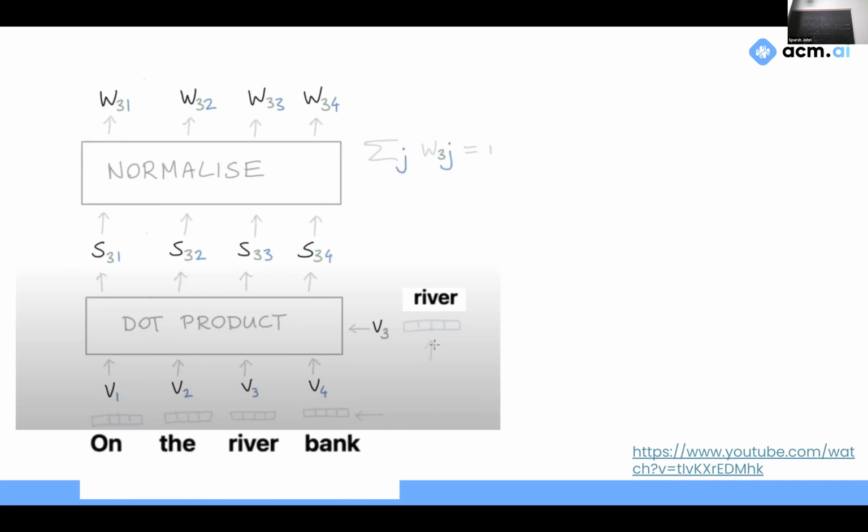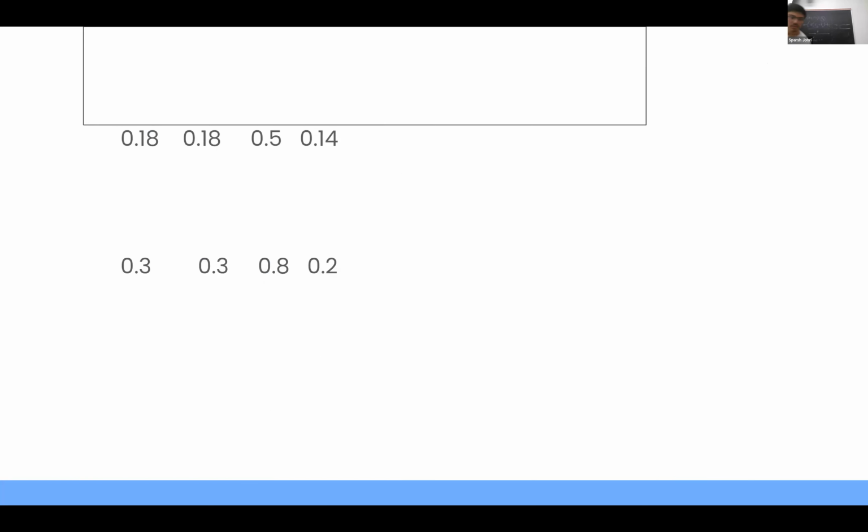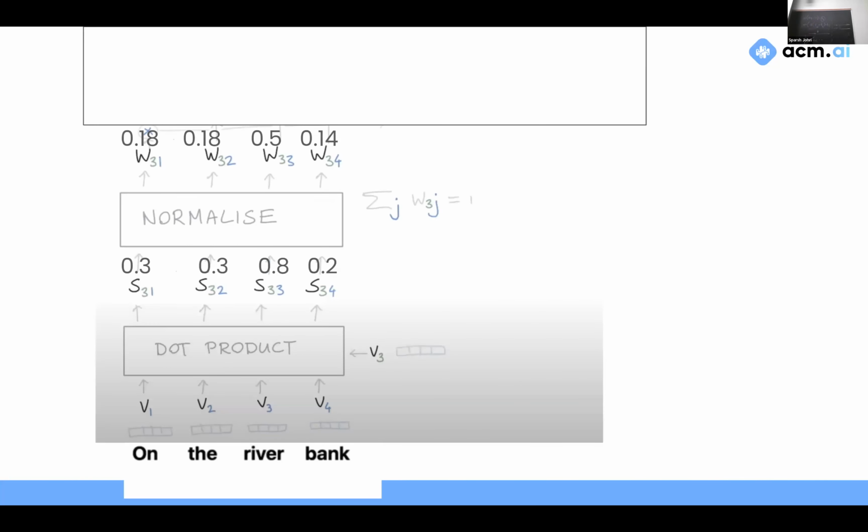If we do the dot product of, say, river and river, it's probably going to be a high score there, pretty much the same, you can get one. But if we do river and bank, it might be less. River and "the" might have a higher score because "the" is referring to the river. On the river, maybe because of "on."